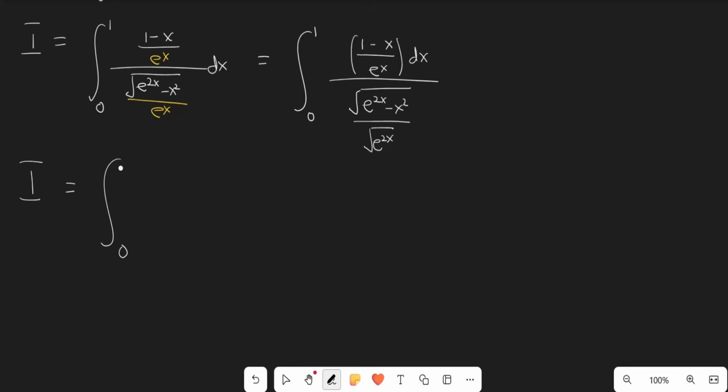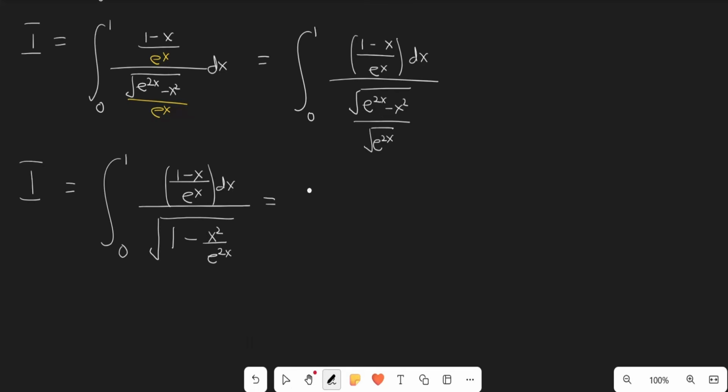So we have I equal to the integral from 0 to 1 of 1 minus x divided by e to the x, all this dx, and this is divided by, now we are going to have this all in the square root, e to the 2x divided by e to the 2x, that is going to be 1 minus x squared all over e to the 2x.